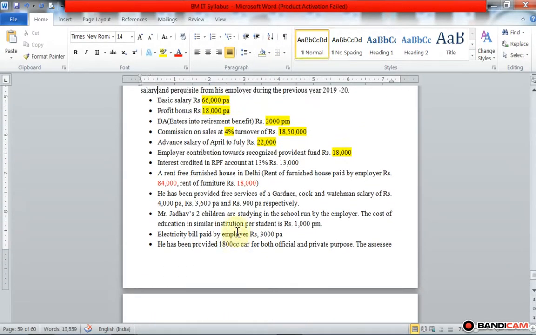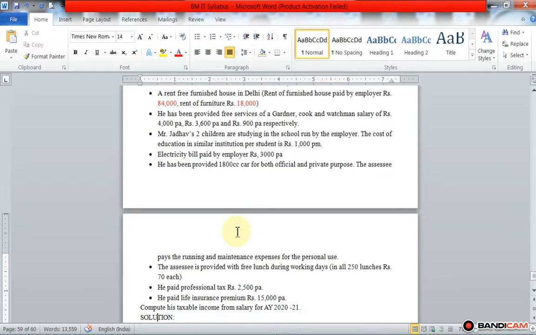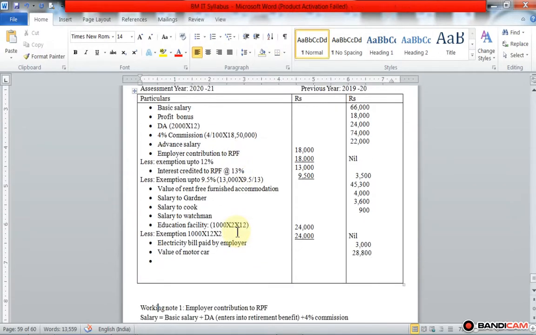Then lunch. So lunch facility is provided during office hours. So here, lunch facility: 250 lunches at rupees 70 each.